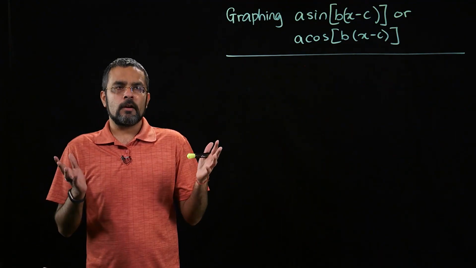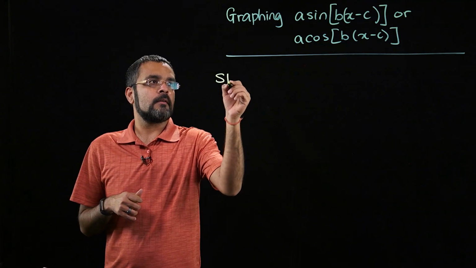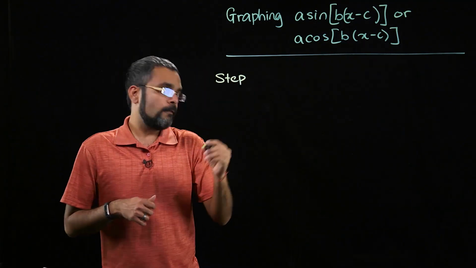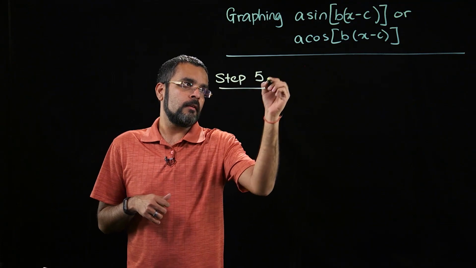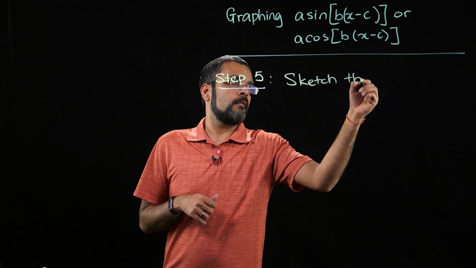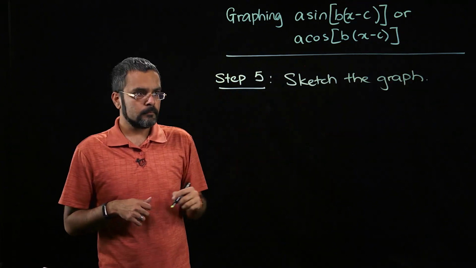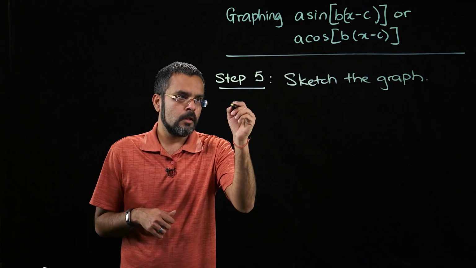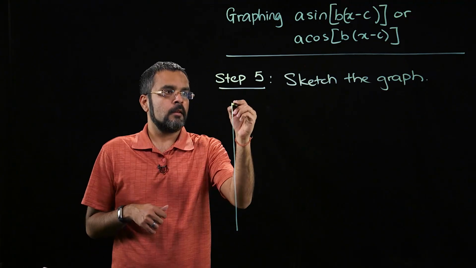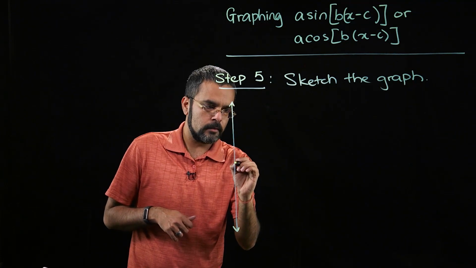Okay, so now that we have all our information, let's go ahead and graph this function. So our final step here, step 5, is going to be to sketch the graph. Remember, I only want to sketch one cycle.